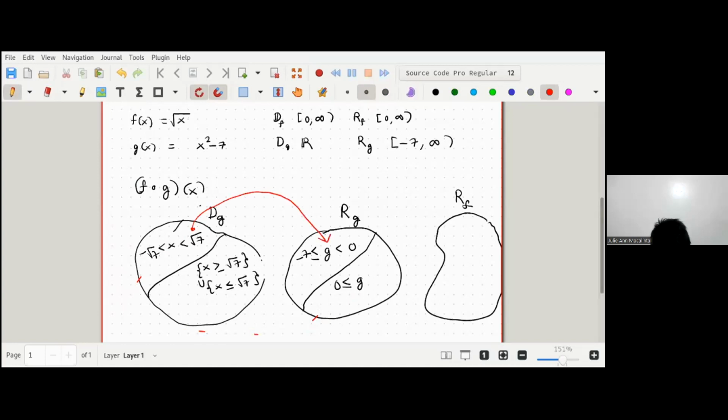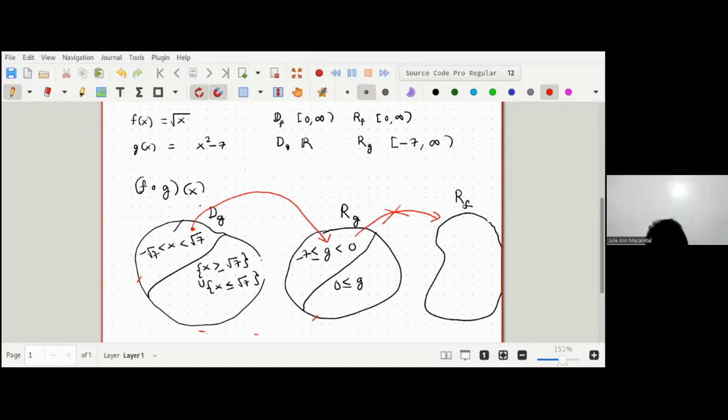Ngayon, tingnan natin yung g to f. Square root of x. This cannot be mapped by f to the range kasi hindi kasama sa domain.